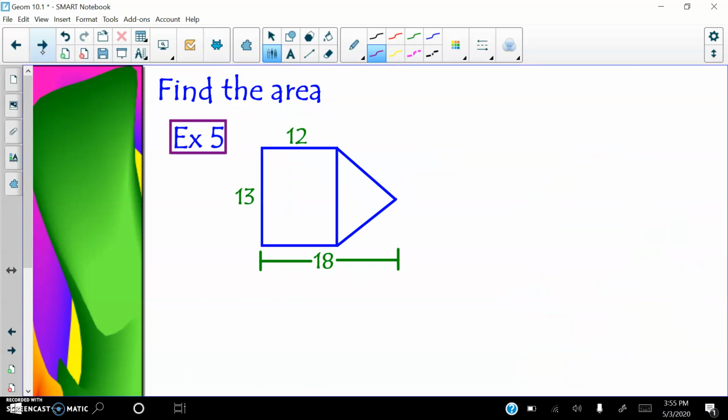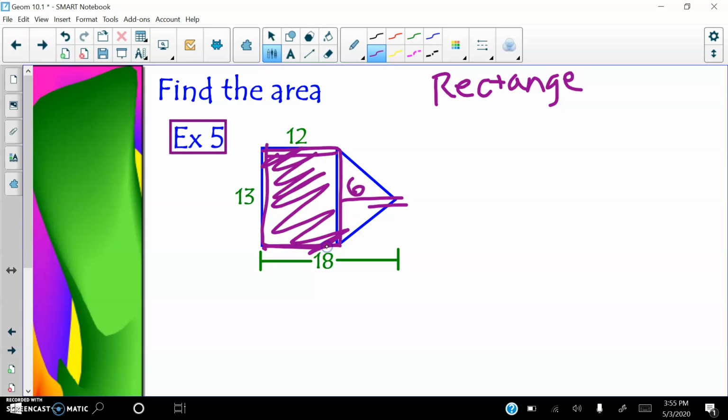All right, with this, if I know that this is 18, that means the height of this has got to be 6, because this is 12, and I need 6 more units in order to make 18. So first what I'm going to do is I'm going to find the area of this rectangle. This rectangle right here. So the area of that is just the base times the height.